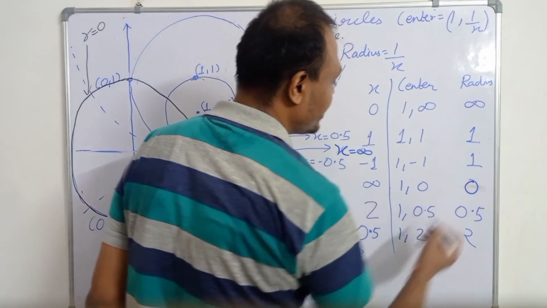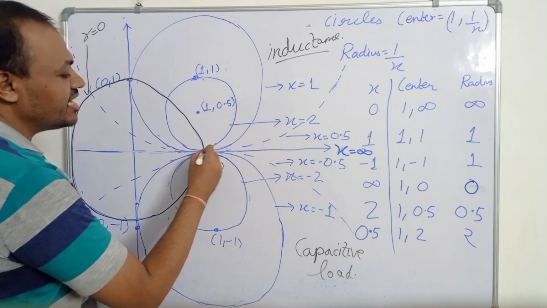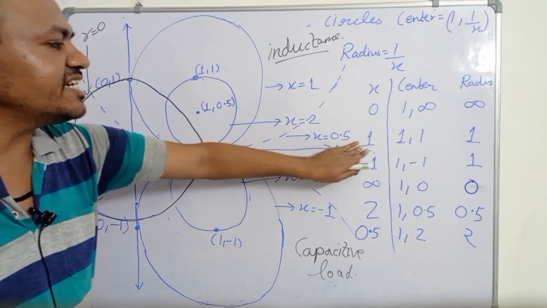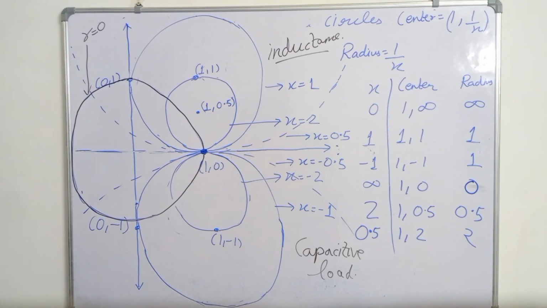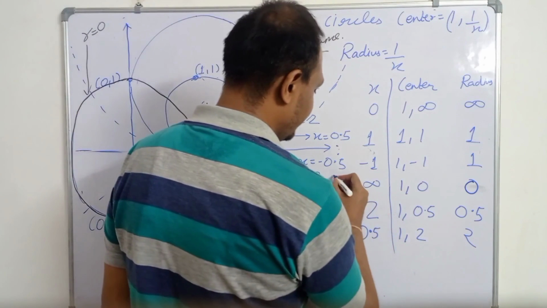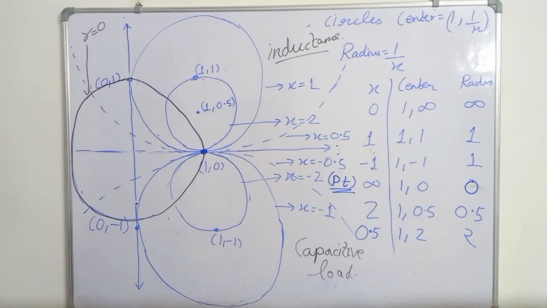For x equal to infinity the radius is 0 and the center is 1 comma 0. So for x equal to infinity the constant reactance circle is only a point.